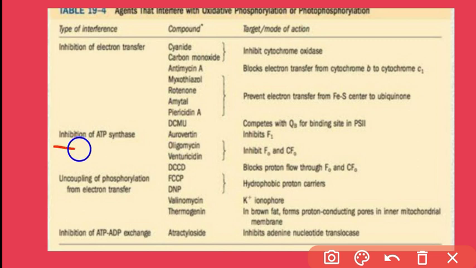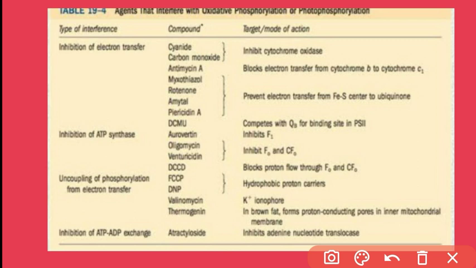Then inhibition of ATP synthase: aurovertin, oligomycin, DCCD. These are inhibitors of the ATP synthase complex in the ETC. They bind or inhibit the F1 or F0 particles. Some uncouplers are listed here, that is DNP, FCCP, valinomycin and thermogenin.